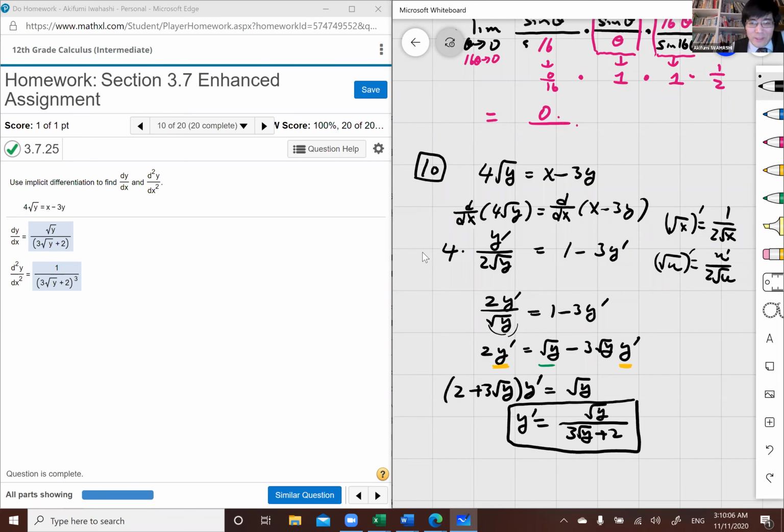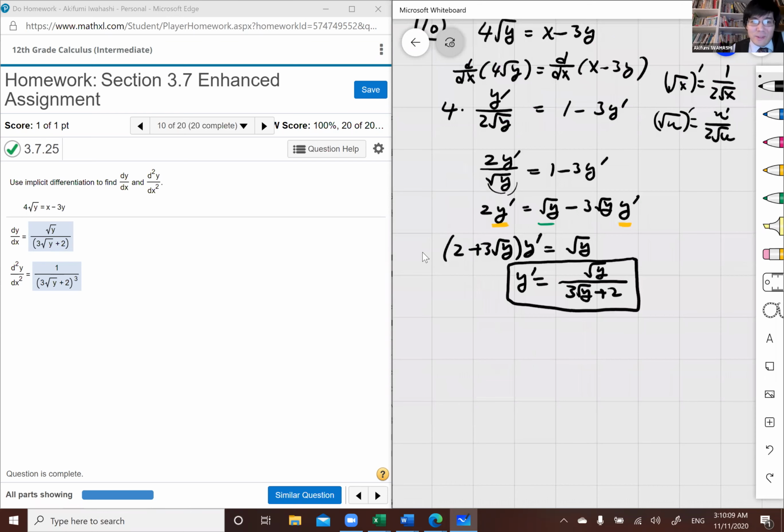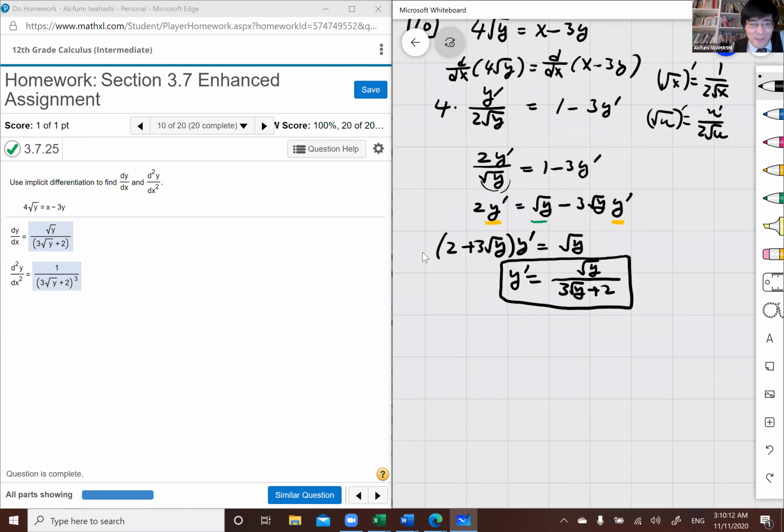Well, this is only the first half of this question. Now we need to find y dash dash. How do we find y dash dash? Well, we have to differentiate this one. Sounds terrible. Yeah, sounds not really fun, but let's do this. So y dash dash will be the derivative of this.